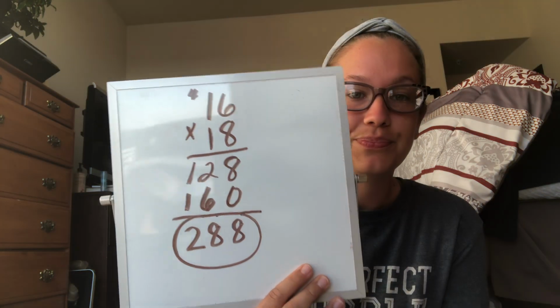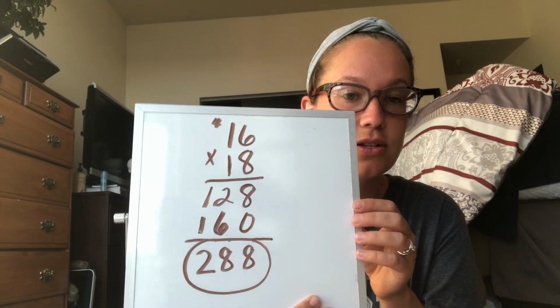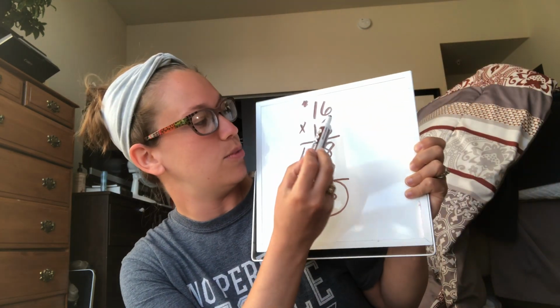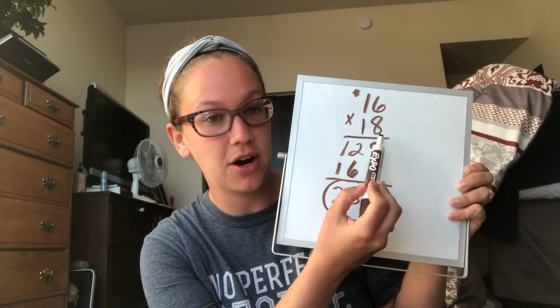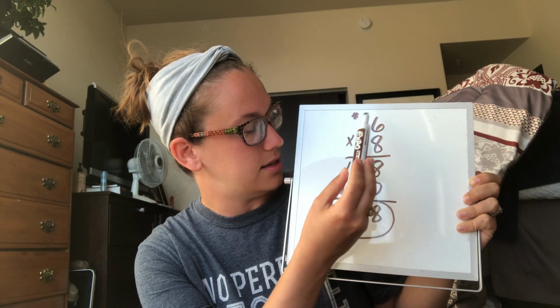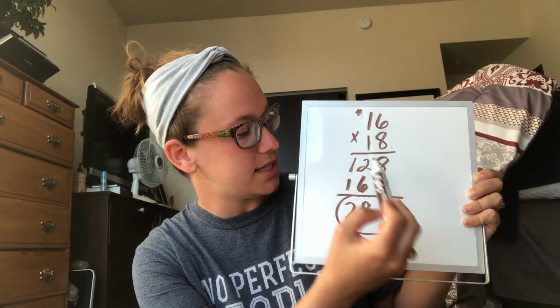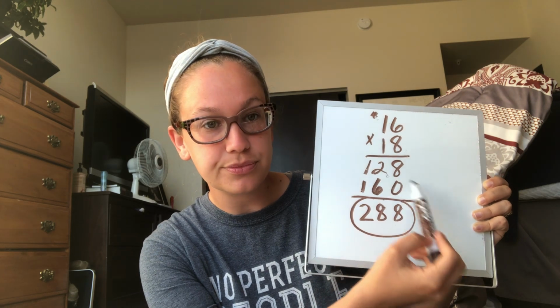All right, I'm gonna go over the answer, so pause if you still need to keep working. Okay, here we have 16 times 18. The first thing we do is multiply by our ones place, our 8. So 6 times 8 is 48, carry the 4. 1 times 8 is 8, plus 4 is 12.